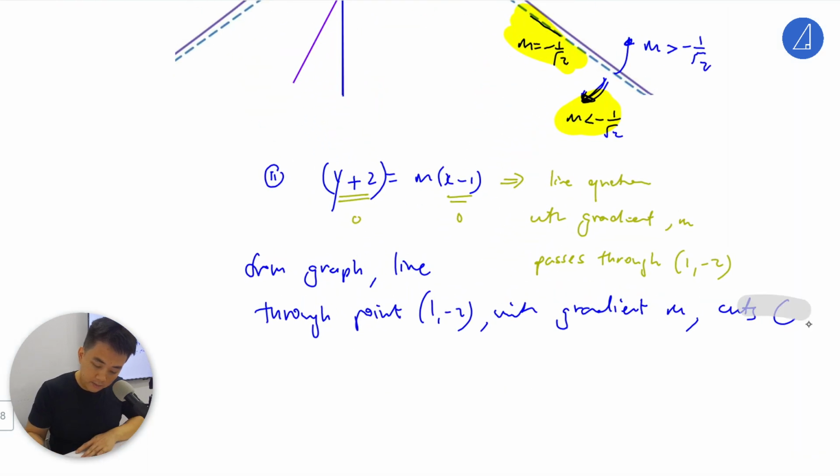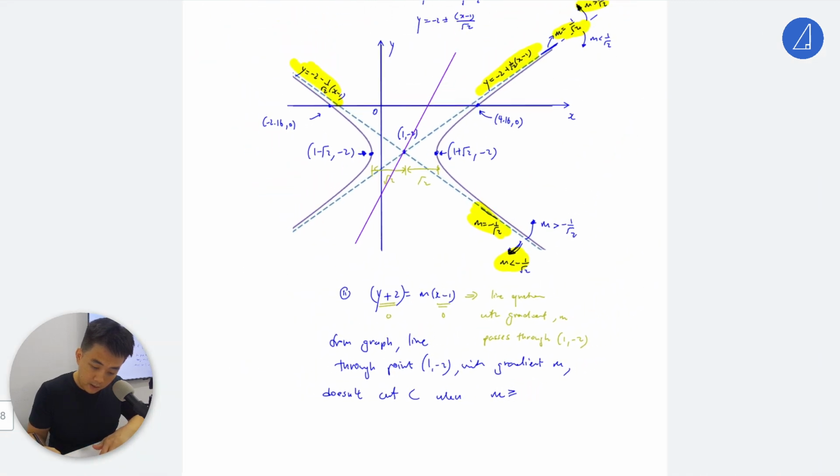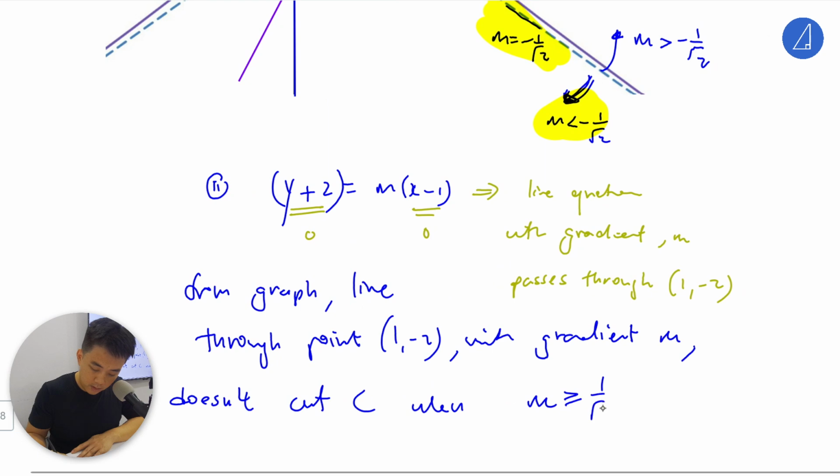Doesn't cut C, when m is at least, at most 1 over root 2.